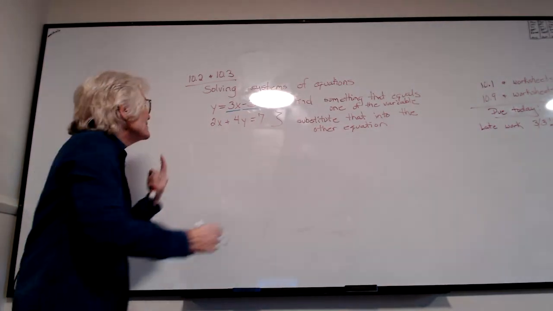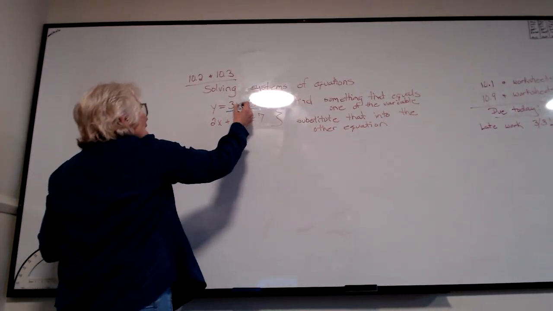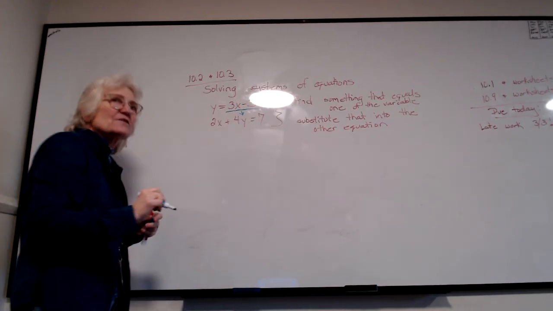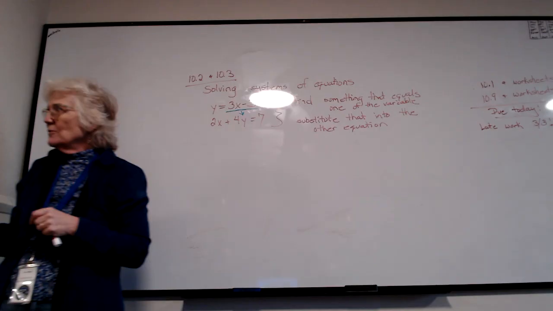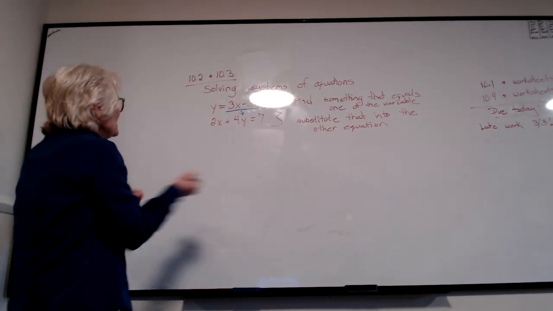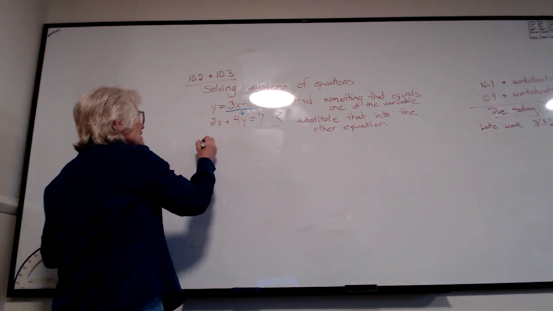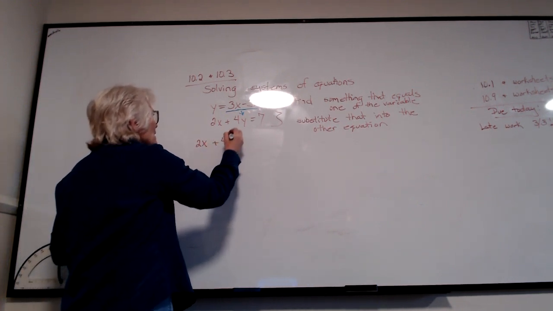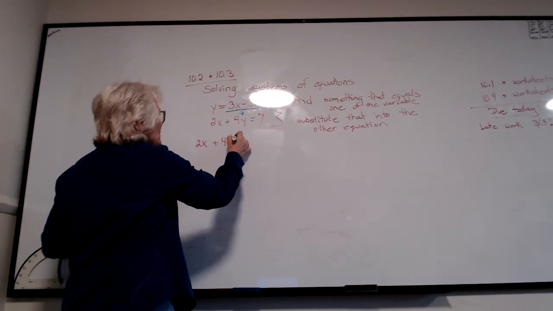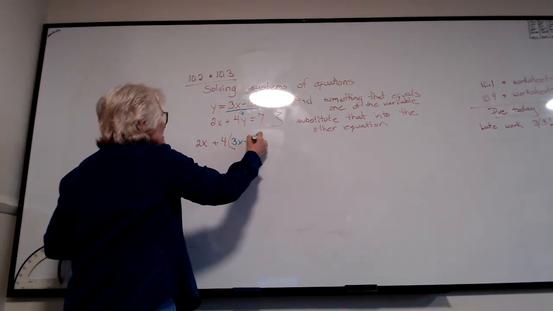So what I'm going to do is take this, and where the y is down here, I'm going to put the 3x minus 3. We're going to substitute that expression for y into my second equation. So what I'm going to get is 2x plus 4, and where y is, I'm putting 3x minus 3.